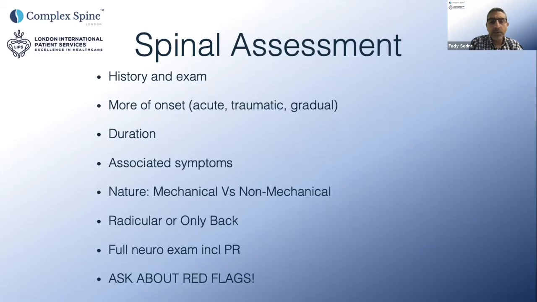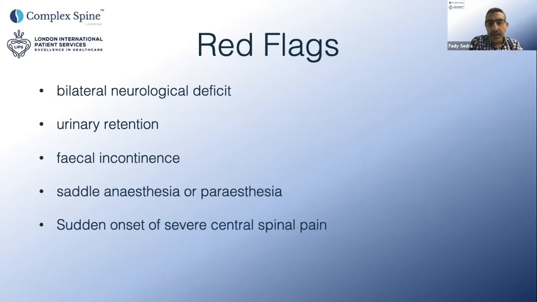There are a few points which are particular for spines, which are called the red flags. So, for example, the red flags are mainly the age of the patient, and if there is any thoracic pain, any neurological deficit, bowel or bladder problems, saddle anesthesia.